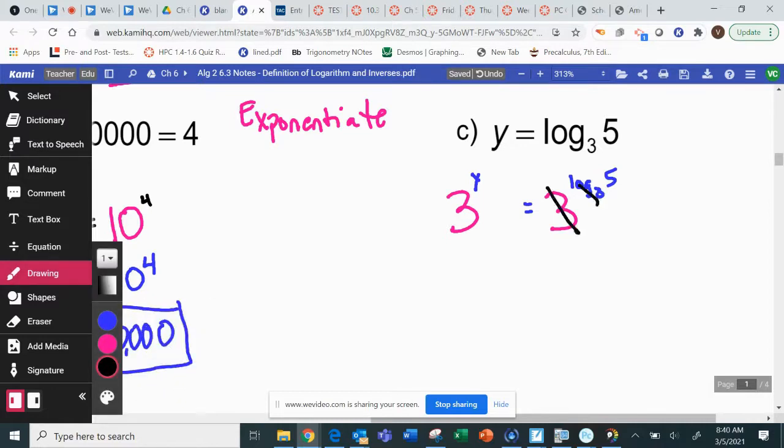So 3 and log base 3 are inverses. They cancel. We get 3 to the y equals 5. And again, I'm not solving anything. I'm just rearranging stuff.